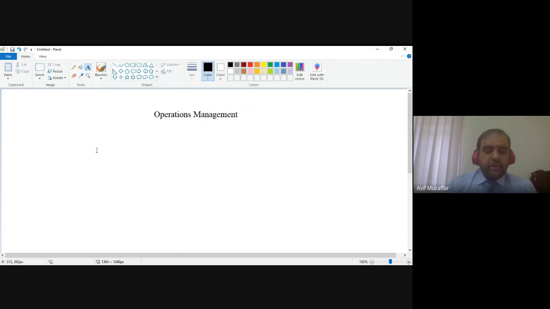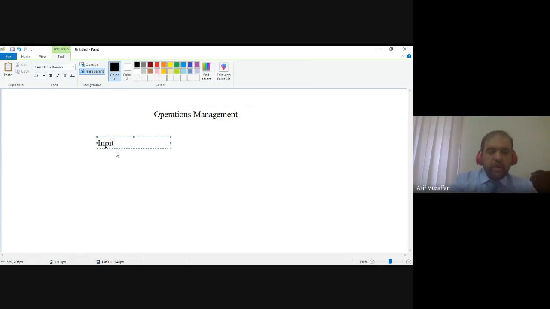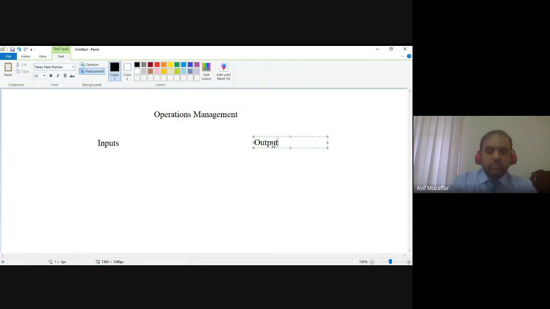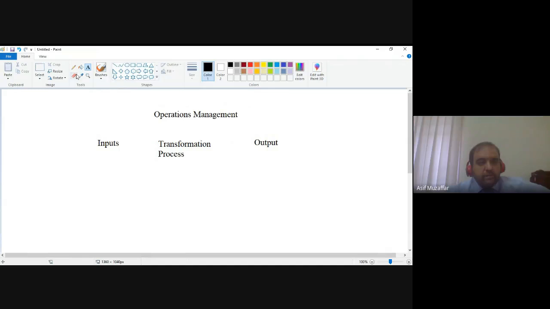The definition says that you will create value by taking some input. So you have the inputs with you, and you transform them into outputs. Output means your product or a service, through some transformation process. So what is the link? Your inputs will go through some transformation process and be created into an output.